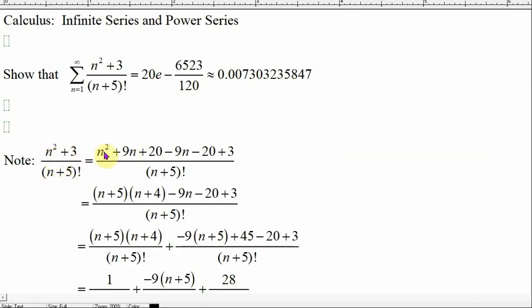I'm going to rewrite the n squared plus 3 as n squared plus 9n plus 20 minus 9n minus 20 and then plus 3. And then obviously this part right here, this is 0. And the reason for the 9n plus 20 is because the factors are n plus 5, n plus 4.